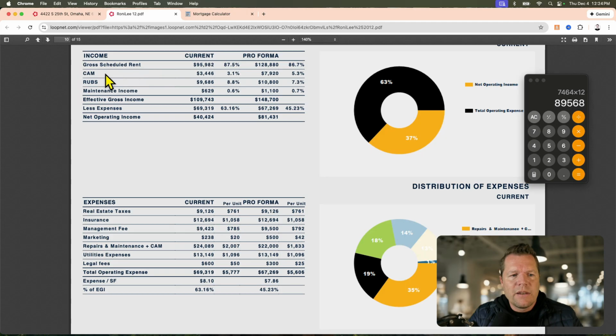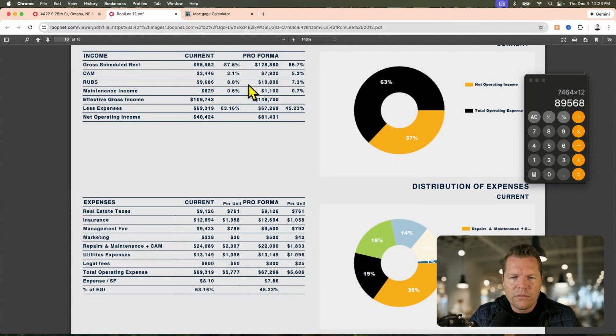So they bill that apparently out to the tenants as well. And this is the RUBS, the ratio utility billing for the utilities like water, sewer, gas, $9,600. So they're saying you could get another $1,200 for that somehow.